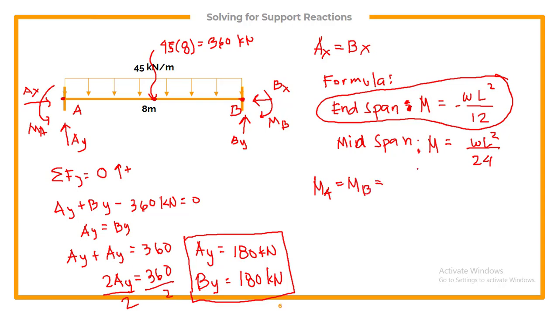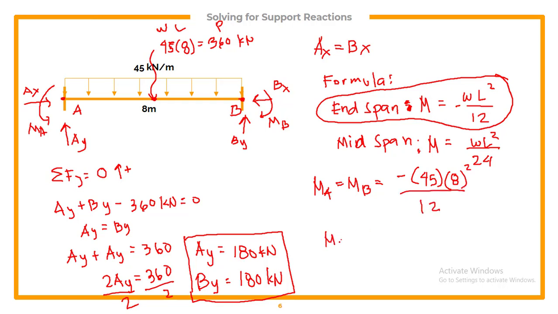So this is negative W L squared over 12, where W is the uniformly distributed load of 45, not the total 360. Therefore, this is 45 times L squared, where L is 8, squared, divided by 12.